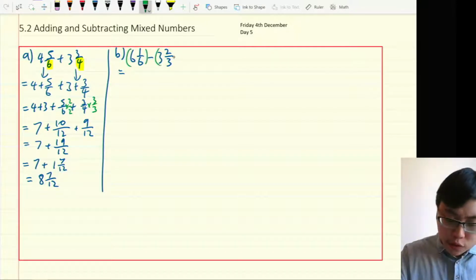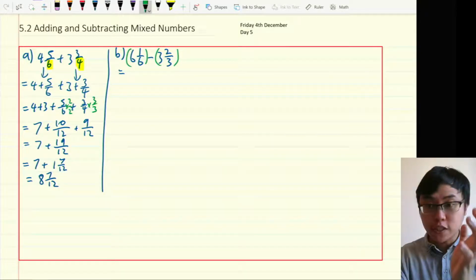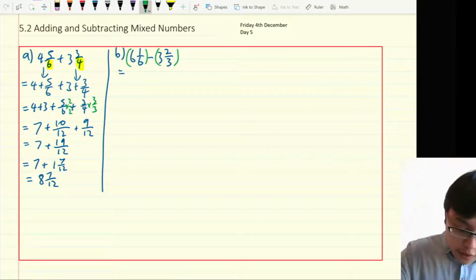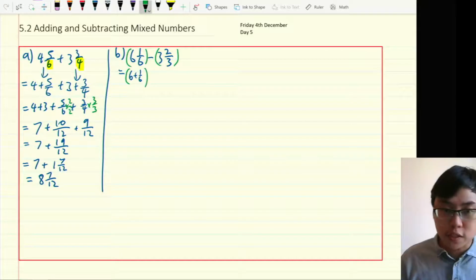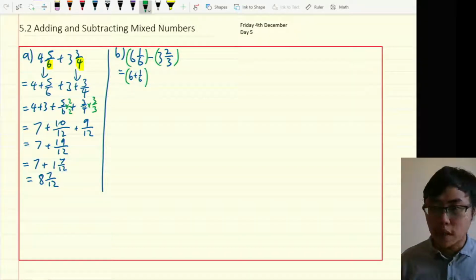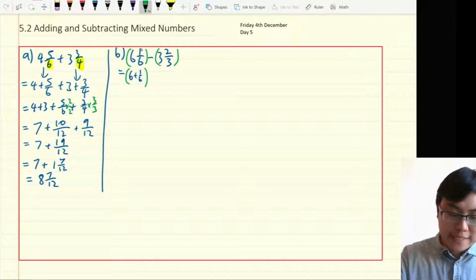Later you will see why I add brackets. Now I'm going to add a bracket around each mixed number on its own. So essentially 6 and 1 over 6 is the same as 6 plus 1 over 6. I'm just separating the fraction by itself. But 6 plus 1 over 6 is the same as 6 and 1 over 6. I didn't change anything.